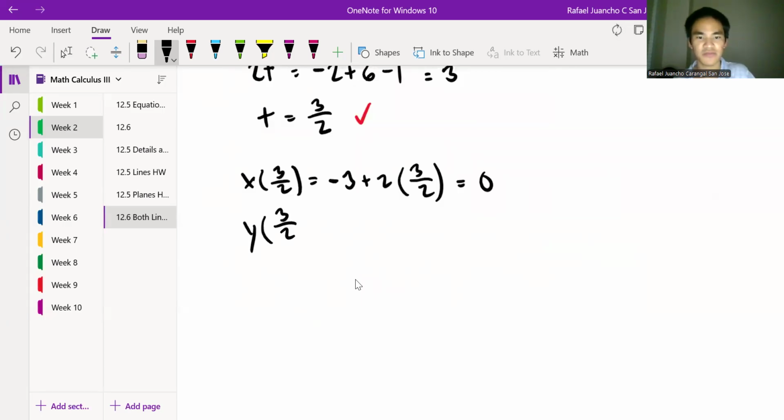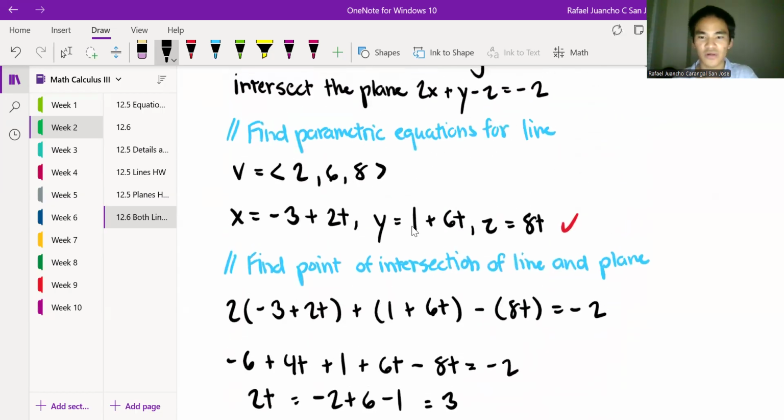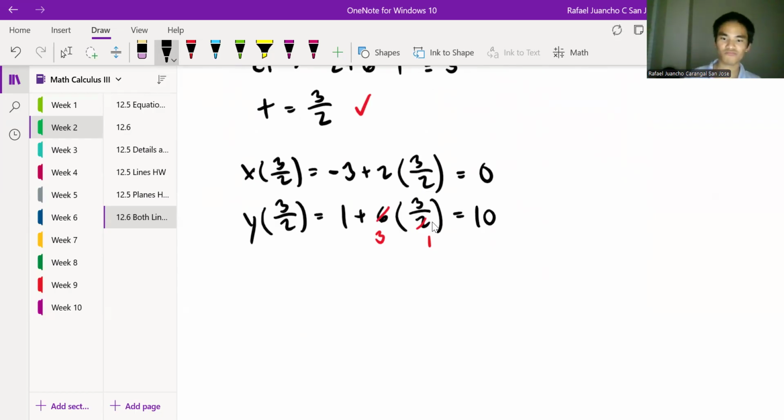For y, we also plug this in. We get 1 plus 6 times 3 over 2. We can cancel, this is 9, and 1 plus 9 is 10.